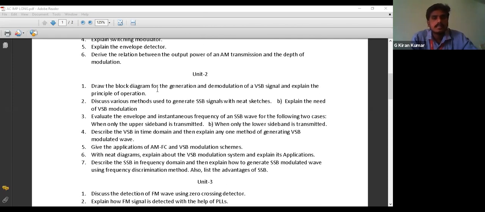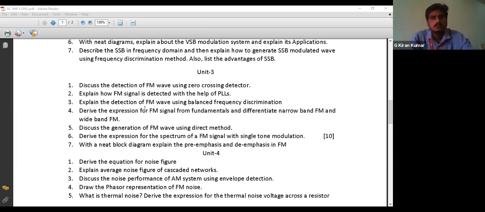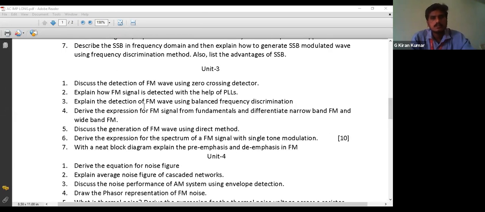So we go directly to the third unit. See, all the questions are covered under 10 marks weightage. Discuss the detection of FM using zero crossing, which we just discussed, and explain how FM signal is detected with the help of PLL. These questions can be framed by myself.